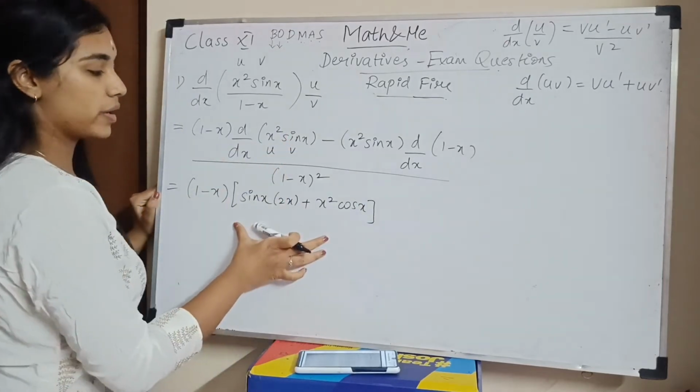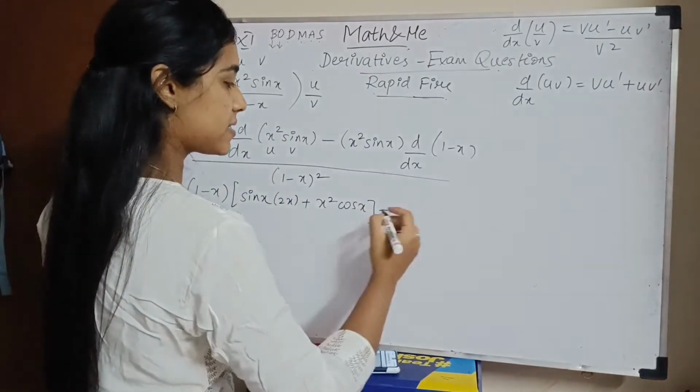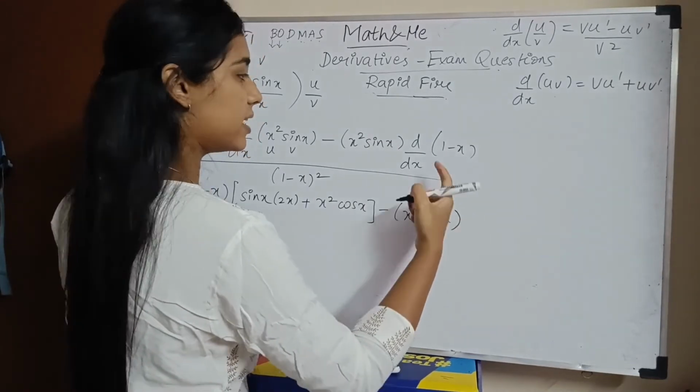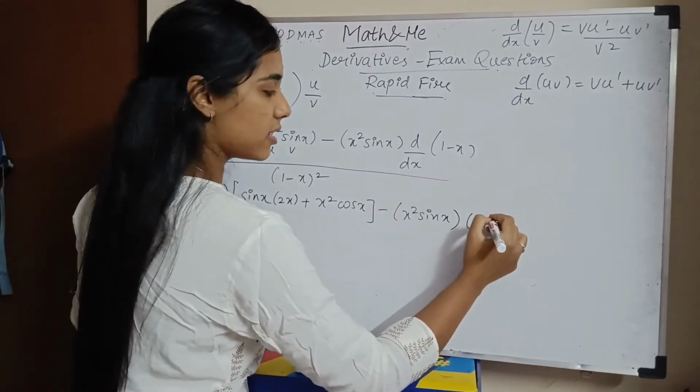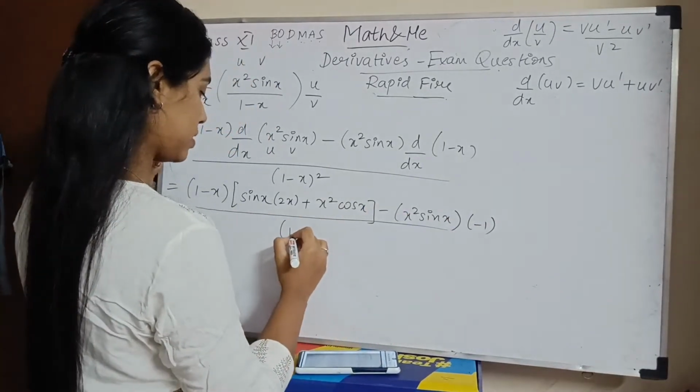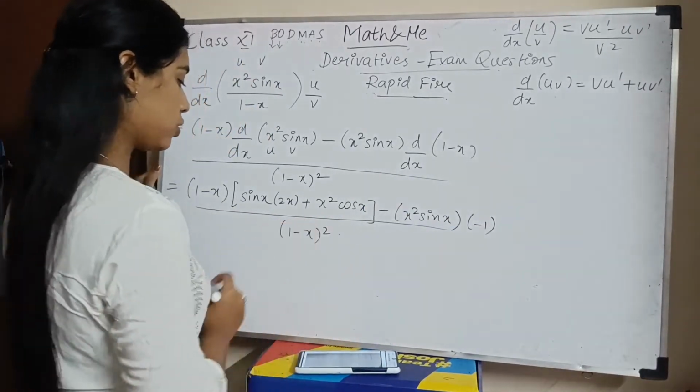So this part is over. Minus x square sin x, derivative of minus x is minus 1, divided by 1 minus x the whole square.